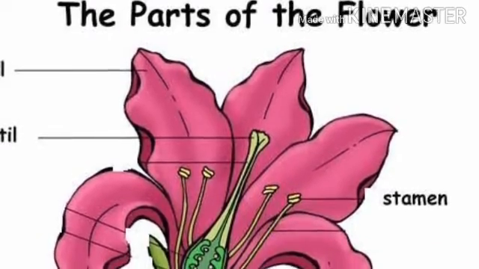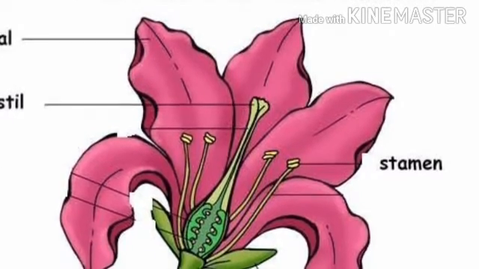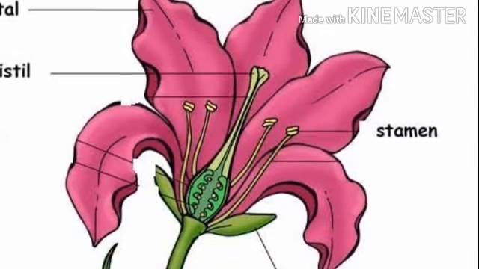To know about the parts of a flower, you can collect different types of flowers, dissect them longitudinally and observe it.